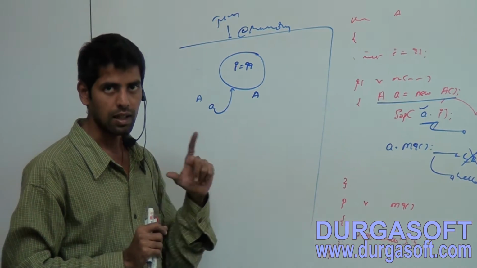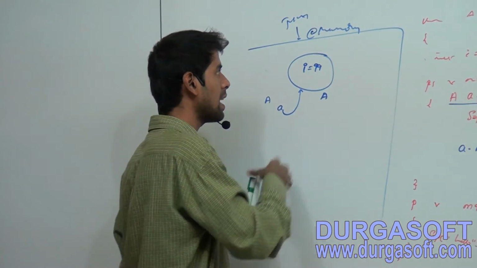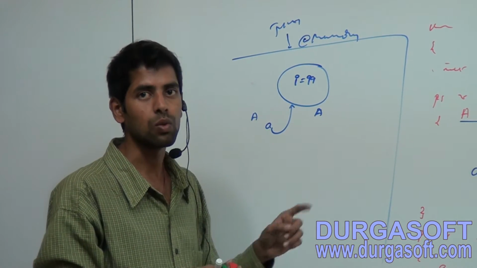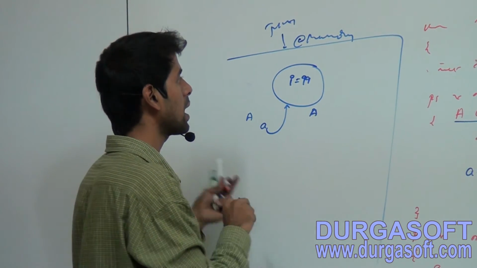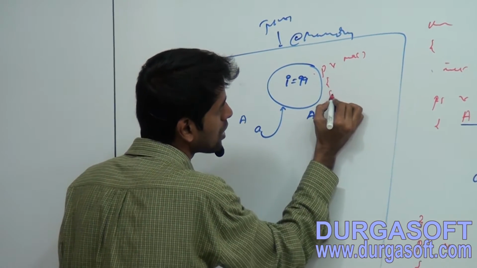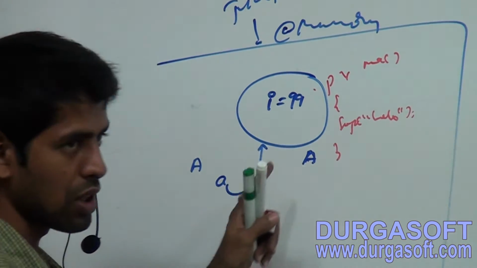Does JVM do anything extra other than this one in memory? Yes, it will do. What is that? It means all instance methods also will be available within the object. This will be maintained by our JVM.